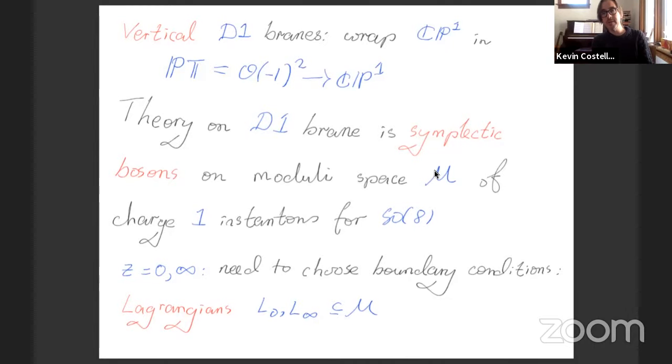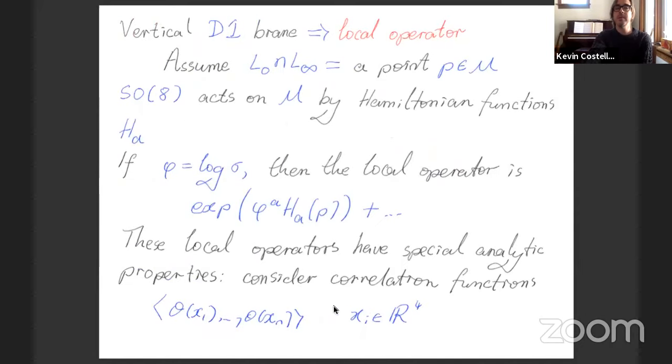Now, at 0 and infinity, we have to choose some boundary conditions. The boundary conditions are given by Lagrangians in M. Because this vertical D1 brane lives at a point in real space, it becomes a local operator. We can describe it as follows.